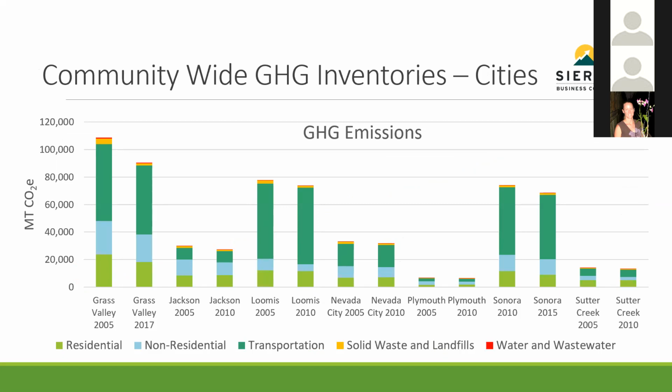The residential and non-residential, which are the two bottom bands, they're both significant. They're kind of similar magnitude across these different jurisdictions. Water and wastewater energy use are broken out at the top. They're the little bands, red and yellow. And those are broken out to provide information on the water energy nexus, which is so important here.